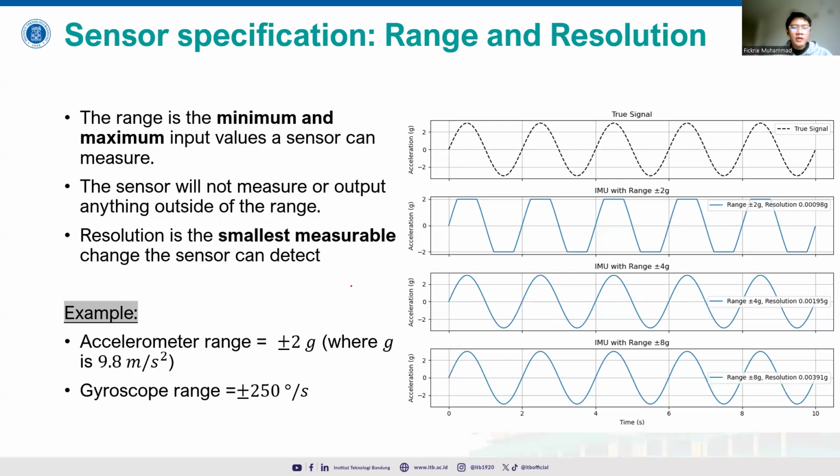The range is the minimum and maximum input values the sensor can measure. For example, the maximum range that the accelerometer can measure is plus minus 2G, where G is 9.8 meters per second squared. Outside of that, the accelerometer may not be able to measure anymore. But it's rarely common in real-world applications.